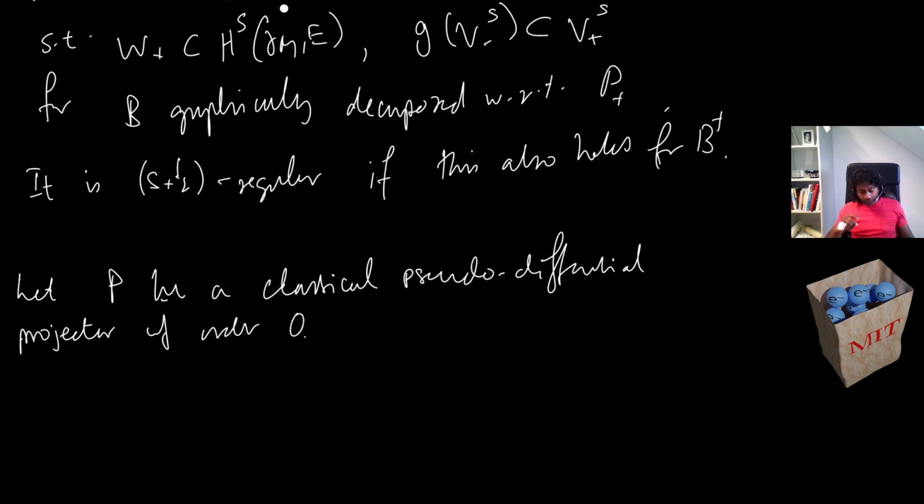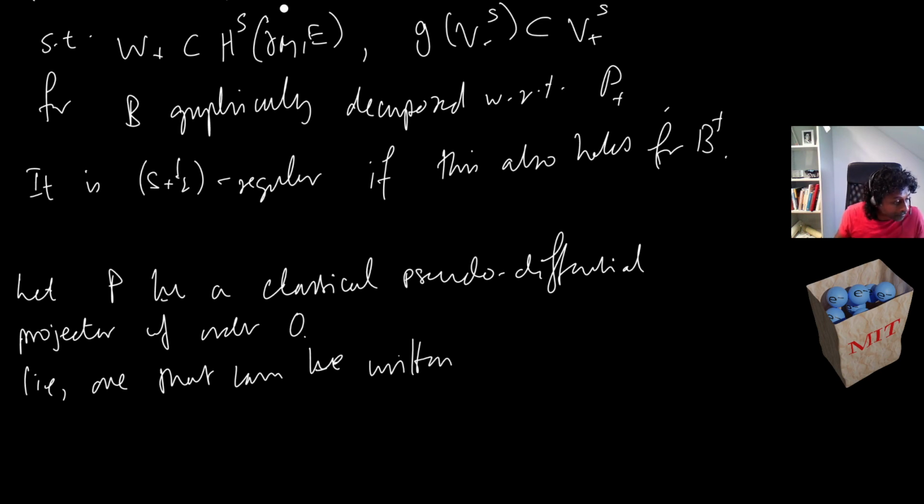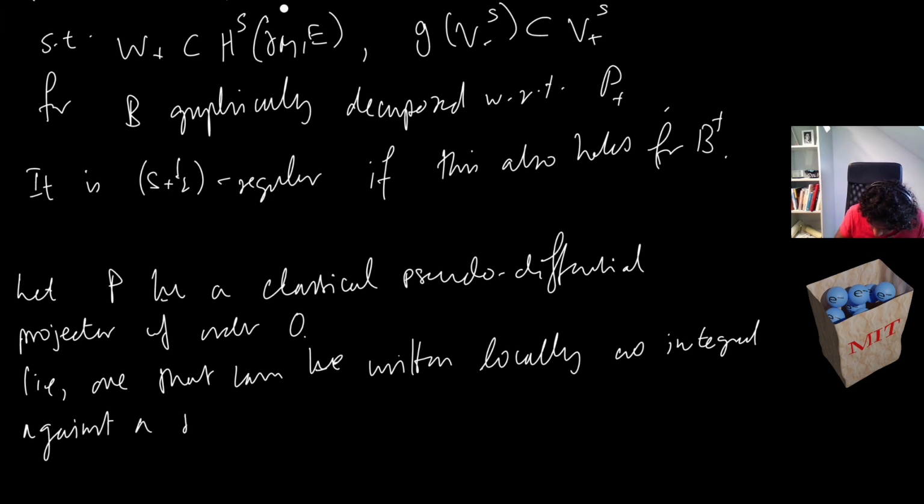So a classical pseudo-differential projector is one that can be written locally as an integral against a symbol via the Fourier transform.